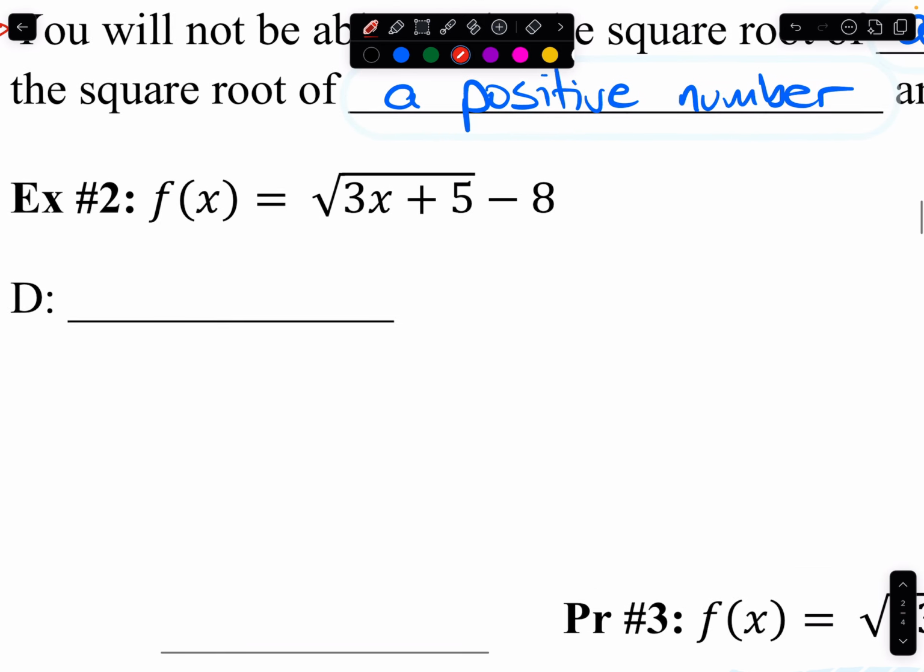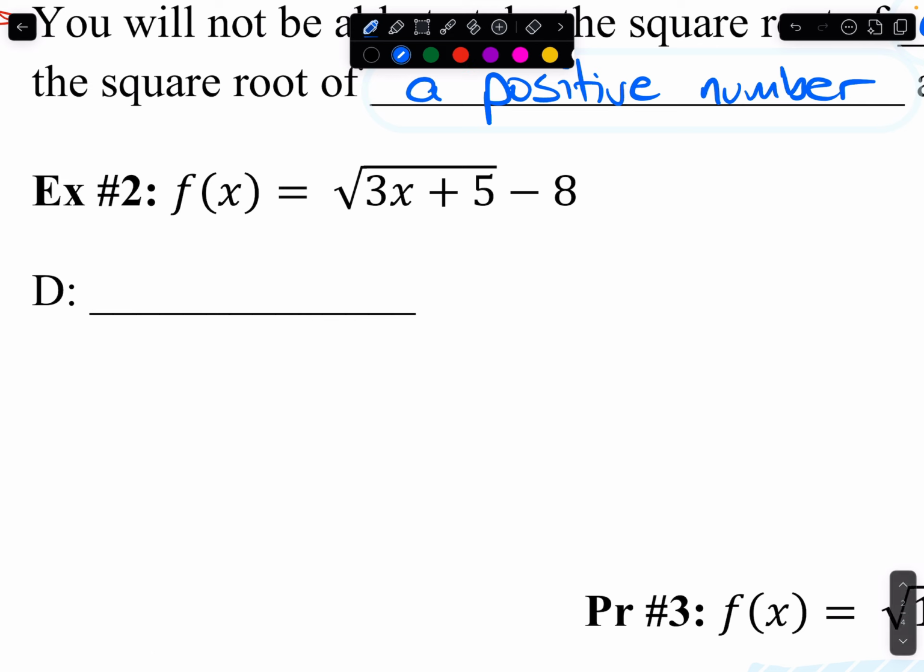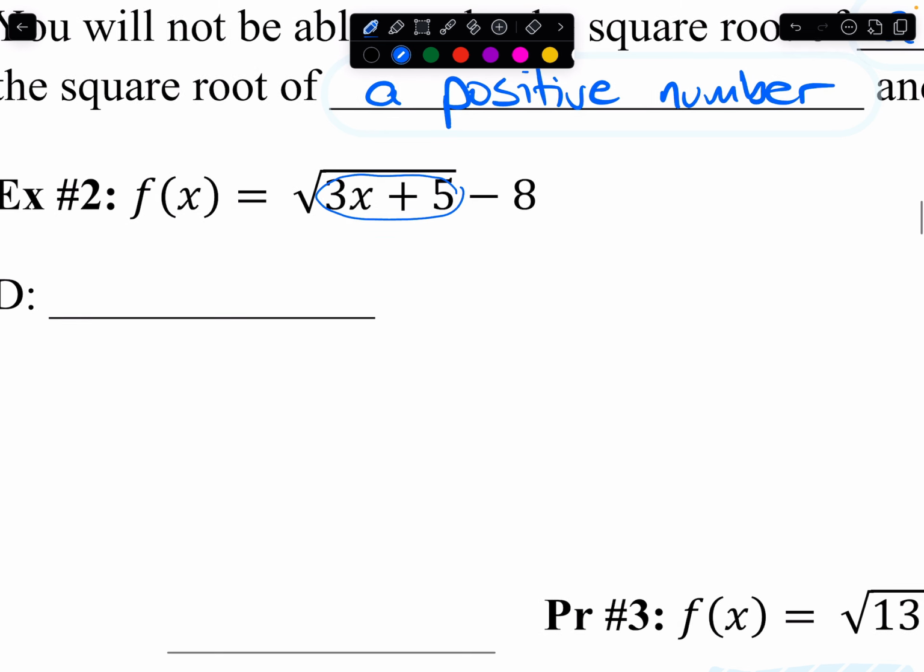But what does that mean for domain? Since we can't take the square root of a negative, and I see this function here, it's not linear, but that's okay. I see a square root symbol. I know I can't take the square root of a negative number, so that stuff that I circled here can't be negative.